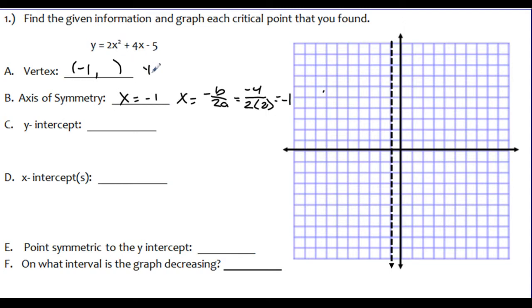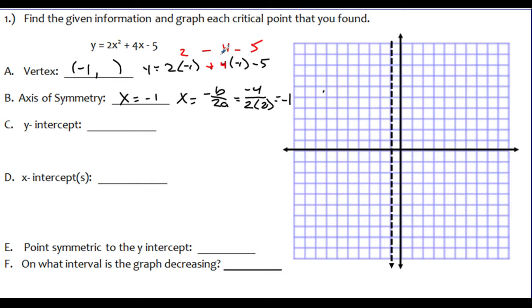So I'm going to say y is equal to 2 times negative 1 squared plus 4 times negative 1 minus 5. If you simplify this, we get negative 1 squared, which is 1, times 2, which is 2. 4 times negative 1 is negative 4, minus 5.